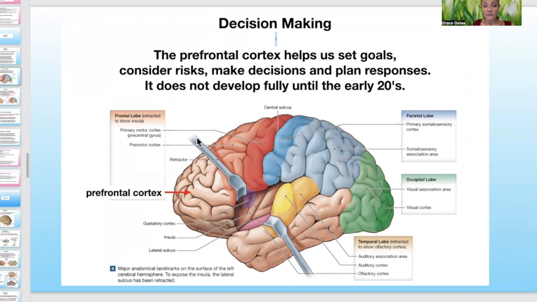And actually, this area of the brain, the prefrontal cortex, does not fully develop until the early 20s. So up until then, an individual might have trouble considering risks, let's say. They might think that they were safer than they were, perhaps drive a car fast or drink and drive, something along those lines, because they're not able to consider risks and make proper decisions.